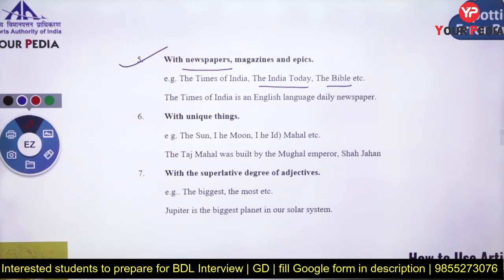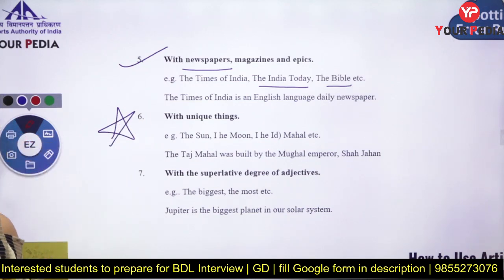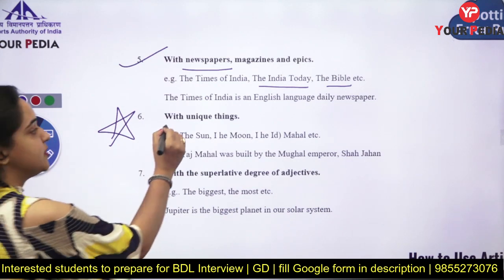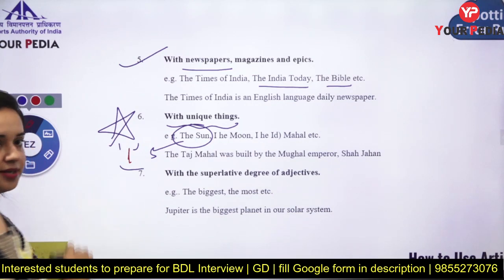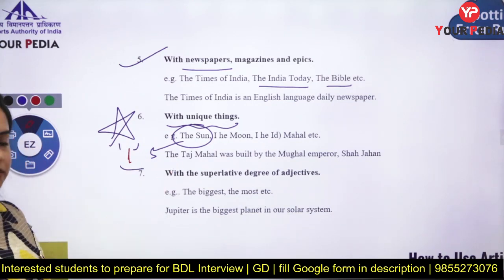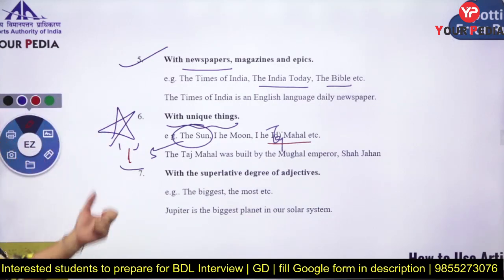With unique things, now this is a very important point and you need to demarcate it from other things. You use the with unique things, like the sun. It is only one, right? There is only one sun, one moon, and the Taj Mahal is also one here. So yes, the sun is a unique thing.